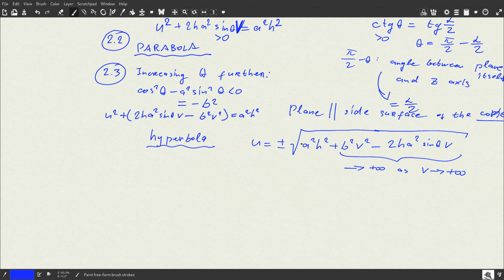So this is indeed a curve which can go to infinity, and we'll later see that it is indeed a hyperbola. Okay. Anything else do you think we missed in this classification?